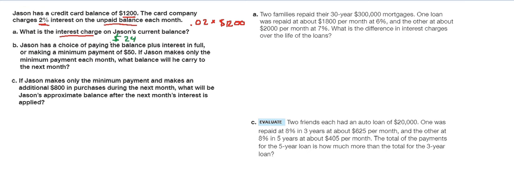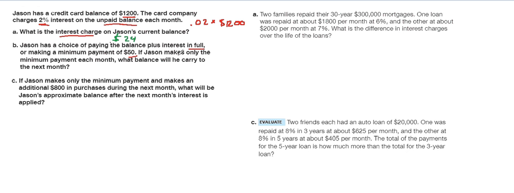Now, if you have the choice of paying the balance plus interest in full, everything you owe, or making the minimum payment of $50, Jason makes only the minimum payment each month. What balance will he carry to the next month?